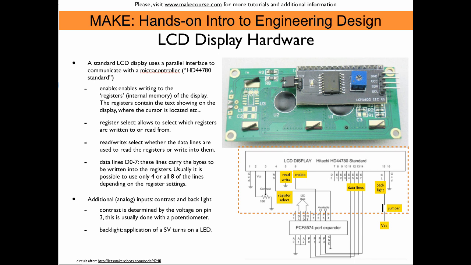The great thing about this display is that it has this I2C module attached to it. The I2C module essentially connects all these pins of the display to just 2 pins, the SDA and the SCL pin on the module, with which you can control the LCD from the Arduino.